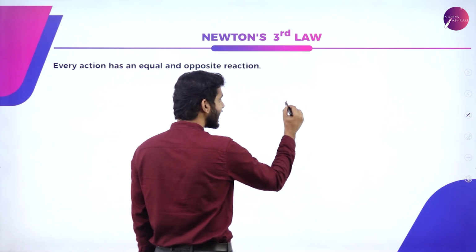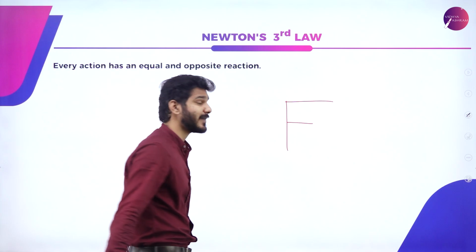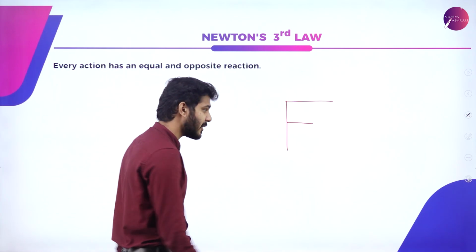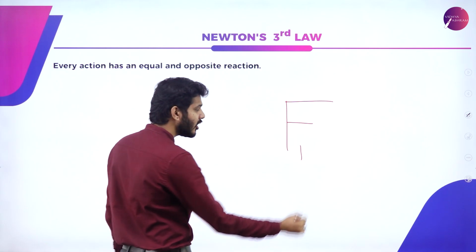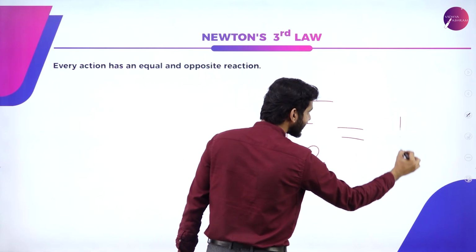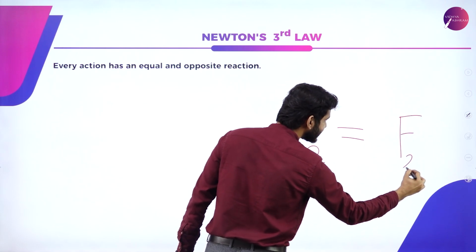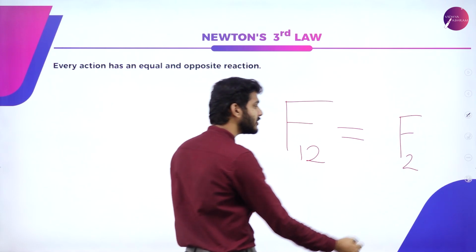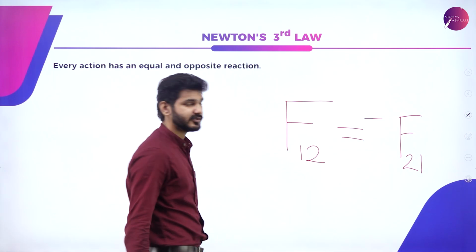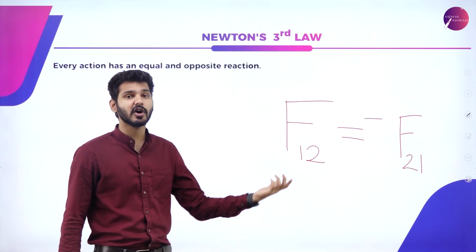So we say that Newton's third law of motion, the mathematical representation can be like this. If there is a force applied by the first body onto the second body, then we can say that the second body applies the same force onto the first body, but in the opposite direction. So that is Newton's third law of motion.